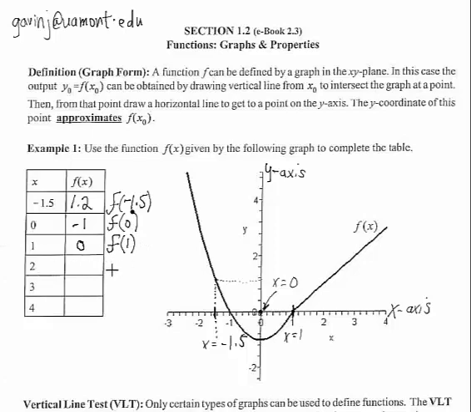What about f of 2? Okay, here is 2 on the x-axis. I trace my way vertical until I get to f of x, and then I simply break horizontally towards the y-axis.